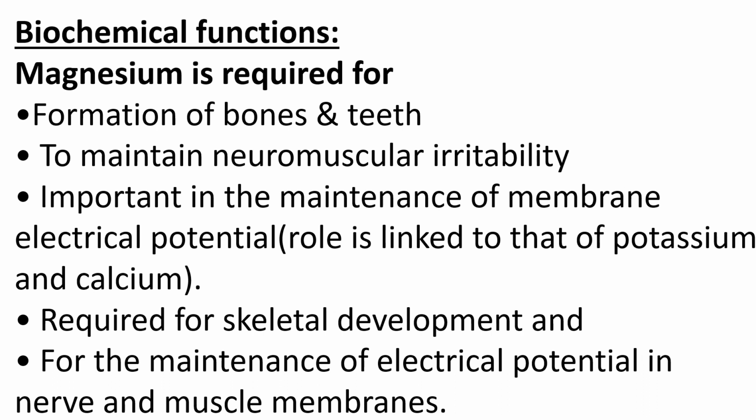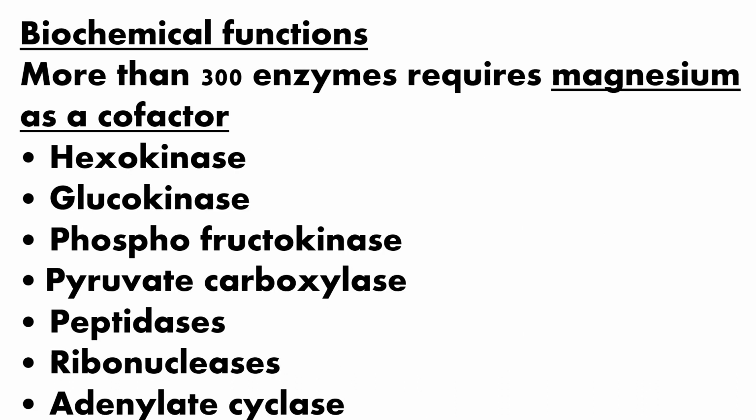It is important in the maintenance of membrane electrical potential, and this role is linked to potassium and calcium. It is also required for skeletal development and for the maintenance of electrical potential in nerve and muscle membrane. More than 300 enzymes require magnesium as a cofactor.